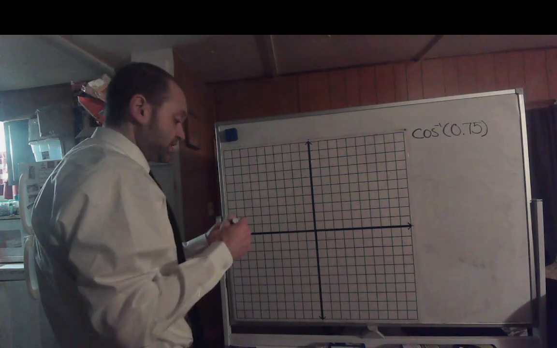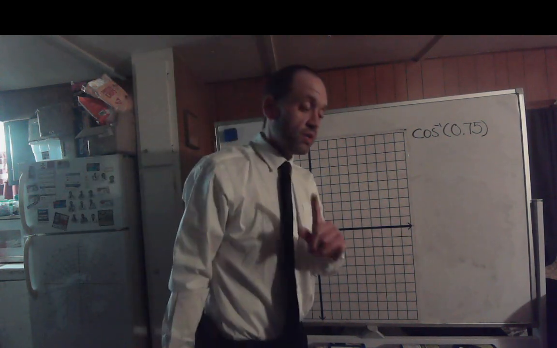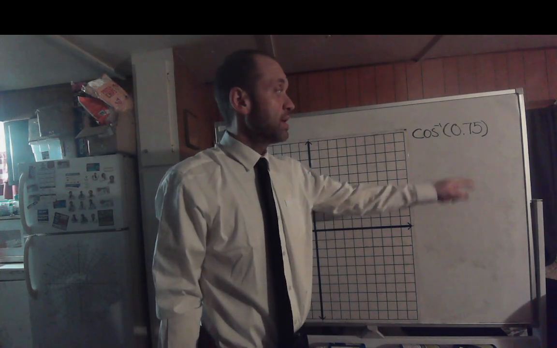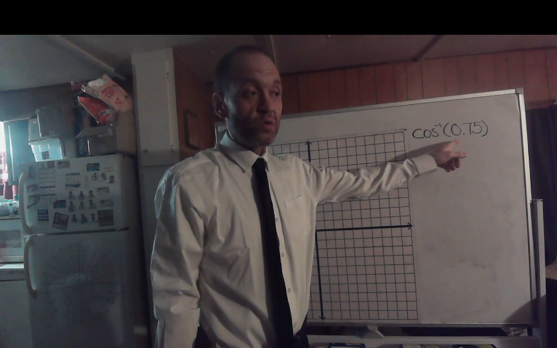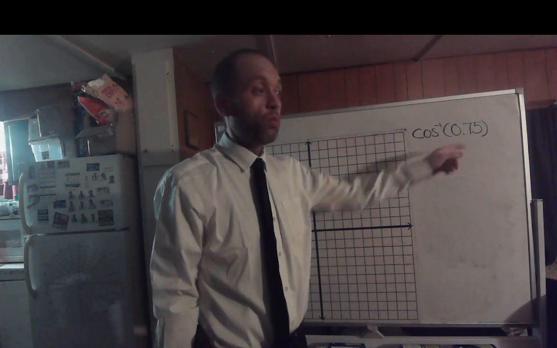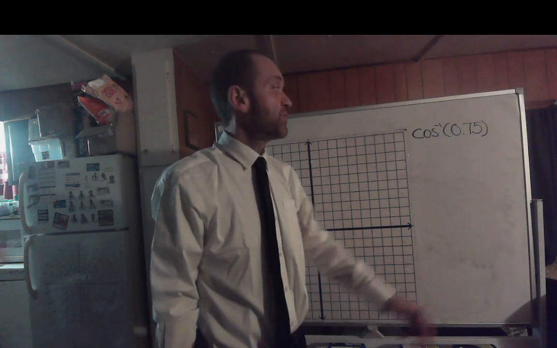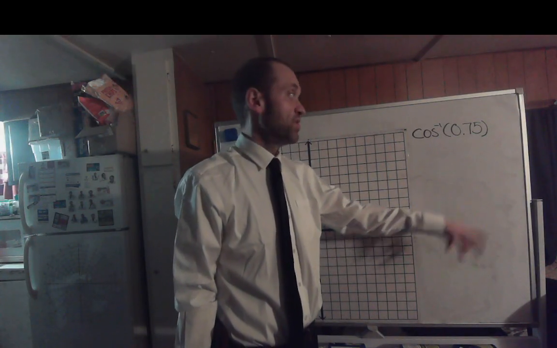So all of a sudden, it's not very nice. First, can we evaluate this? What's in the parentheses is going to be related to your domain. What is the domain of the cosine inverse function? It's from negative 1 to positive 1, so this fits the domain, meaning we can evaluate that.